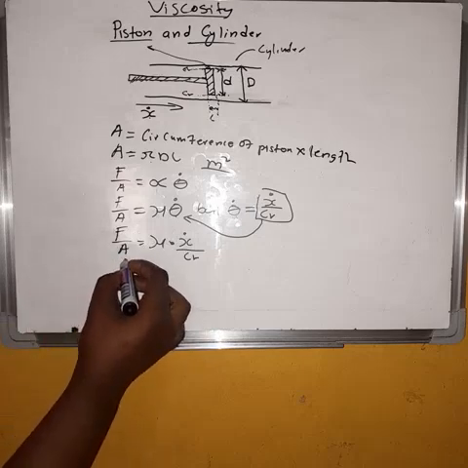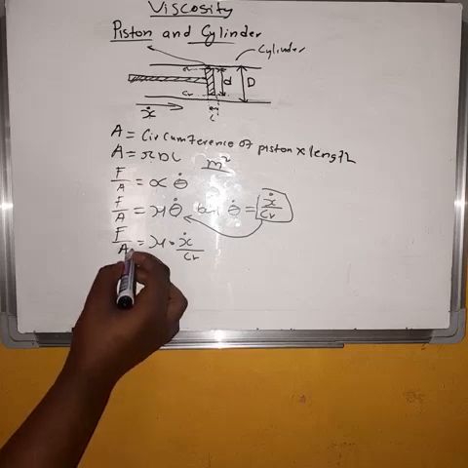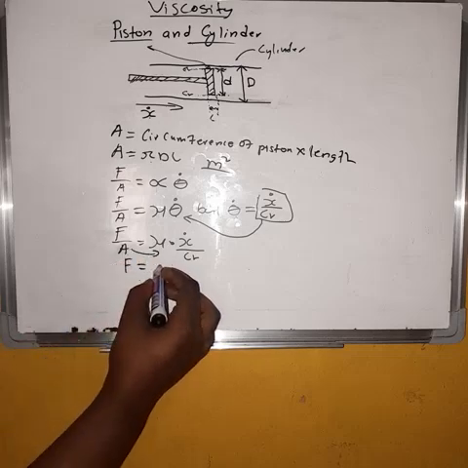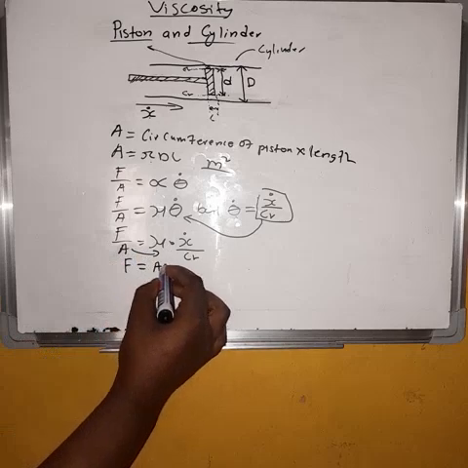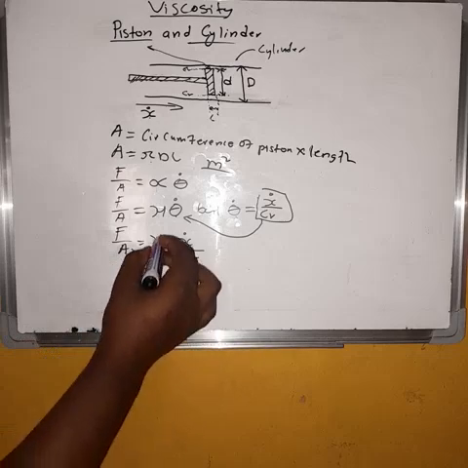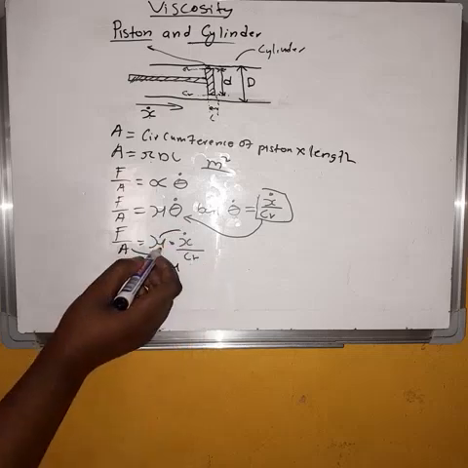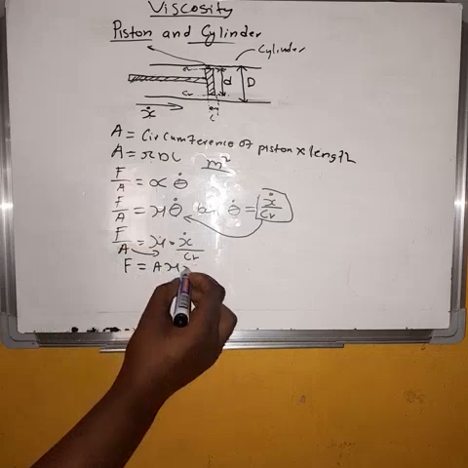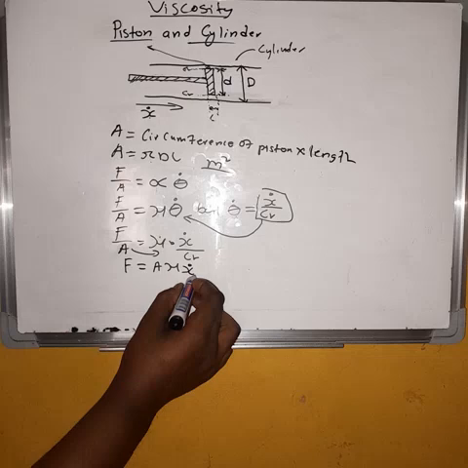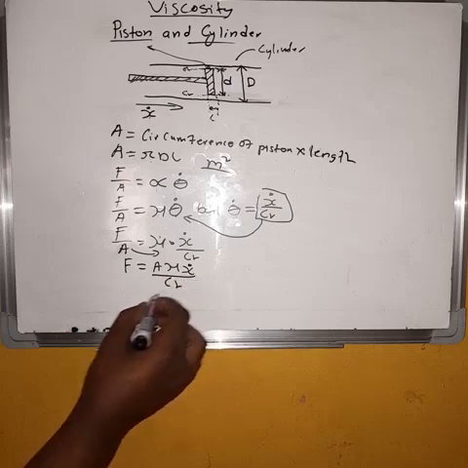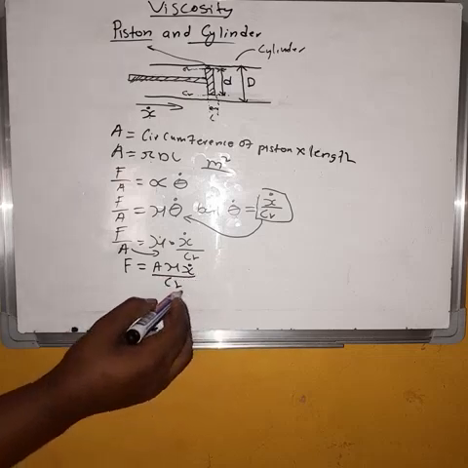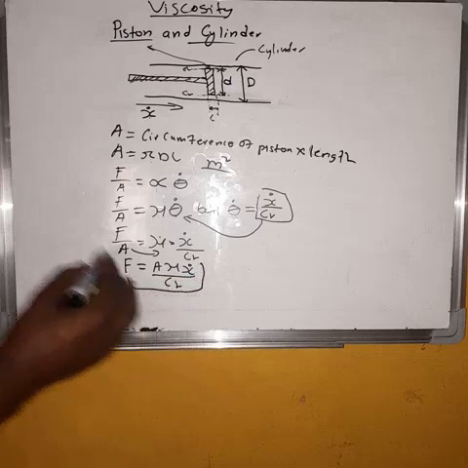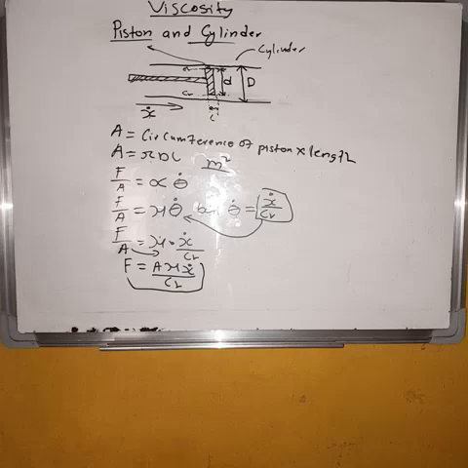Now force alone will be area, remember mu is the dynamic viscosity, or viscosity, same thing, then velocity divided by clearance. This is how we came about to calculate the force.